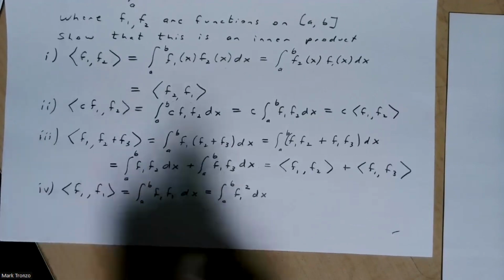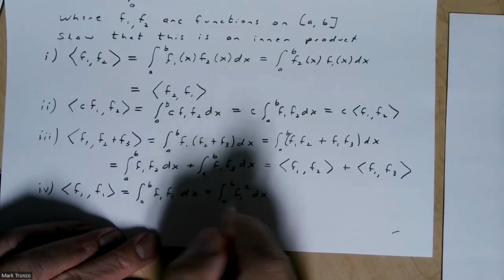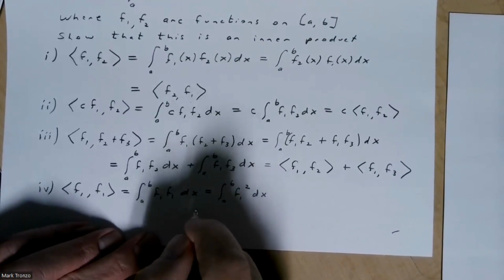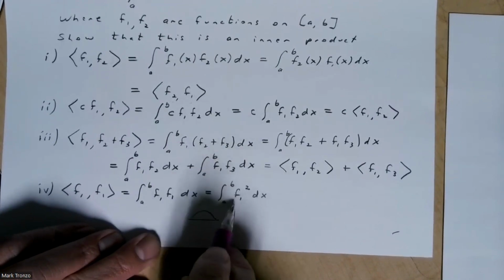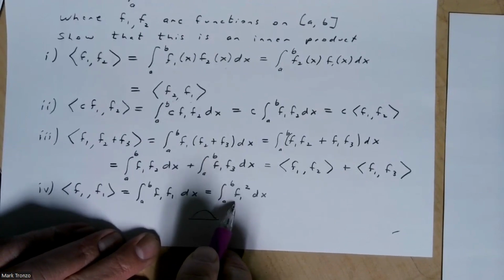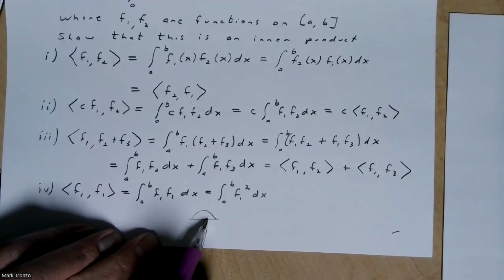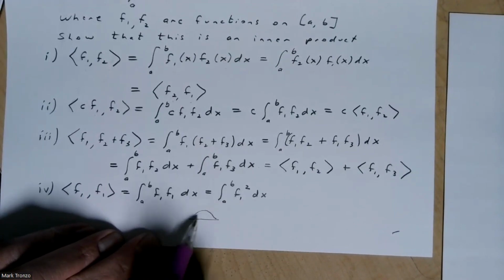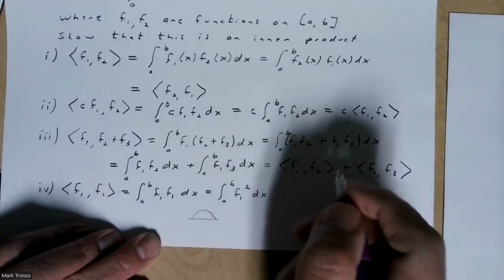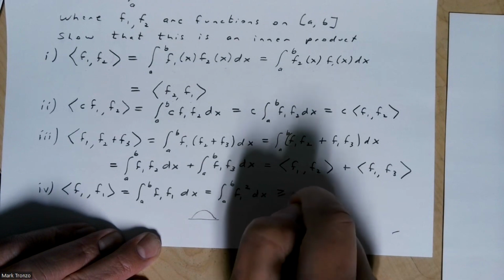And of course, you know what we're doing here? We're integrating over something that's always going to be positive. You can imagine whatever our function is, it has to be positive because we're squaring the function. And in its most basic form, the integral is the area under the curve. So if this is always positive, this area always has to be positive. So that's always going to be greater than or equal to 0.